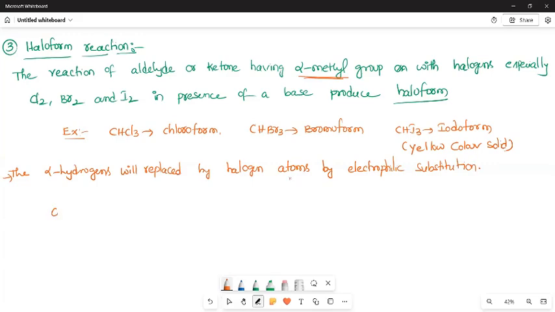So for example, we take acetaldehyde, CH3 C double bond OH.